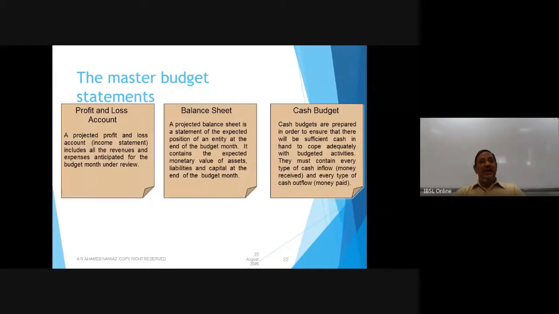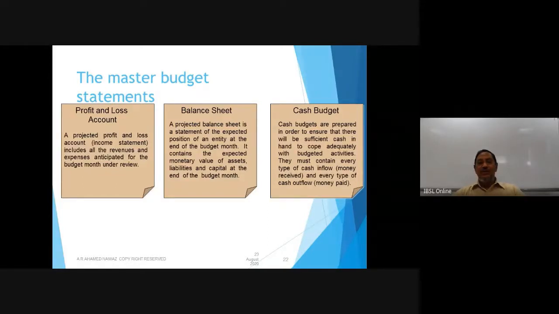The cash budget is also called cash flow projection. It's about how much cash is needed. Cash budgets are prepared to ensure that there will be sufficient cash in hand to cope adequately with budgeted activities.